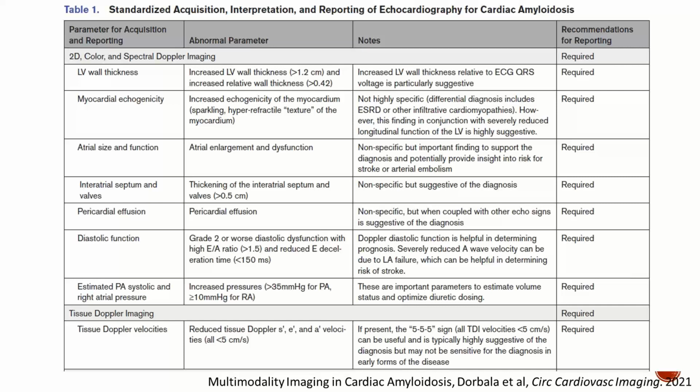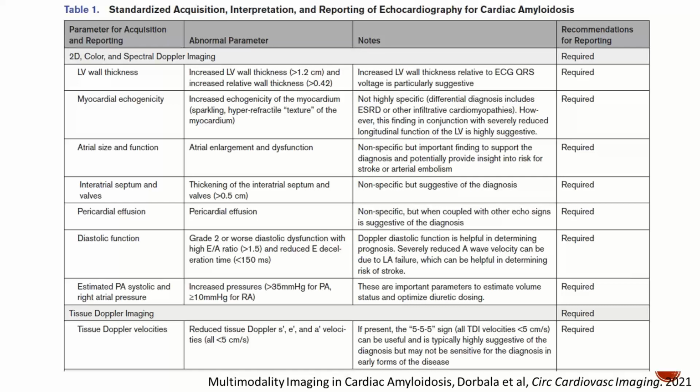You have to comment on myocardial echogenicity, the increased echogenicity called sparkling hyperrefractile texture of the myocardium. It's not highly specific, as the differential includes end-stage renal disease or other infiltrative cardiomyopathy. However, in conjunction with other findings, especially the longitudinal function of the LV, it's highly suggestive.